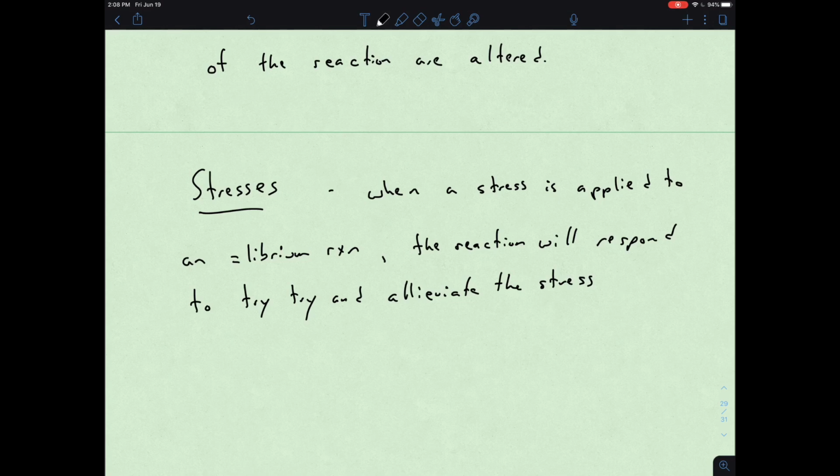We have the notion of temperature as an example. We can think of pressure, which is kind of hand in hand with volume. And then as well, we can think about concentration.